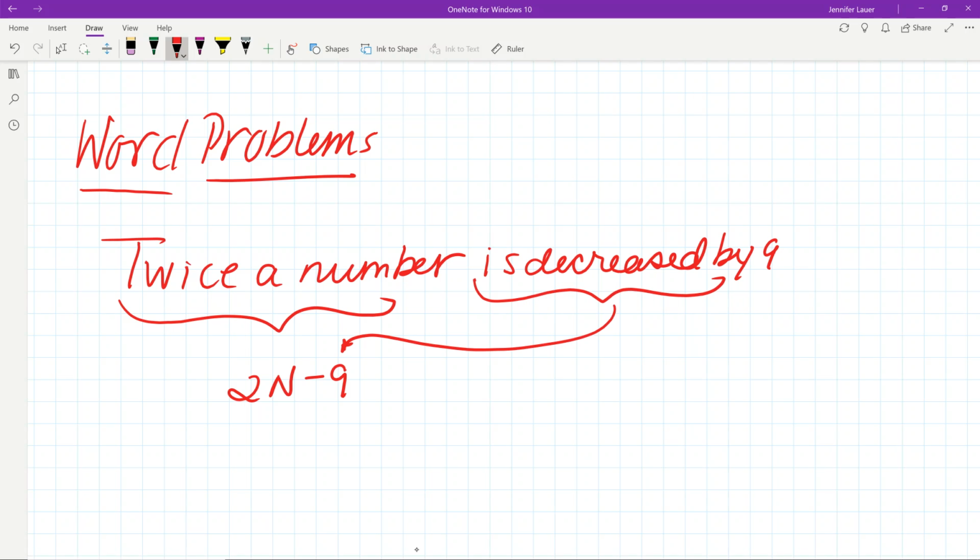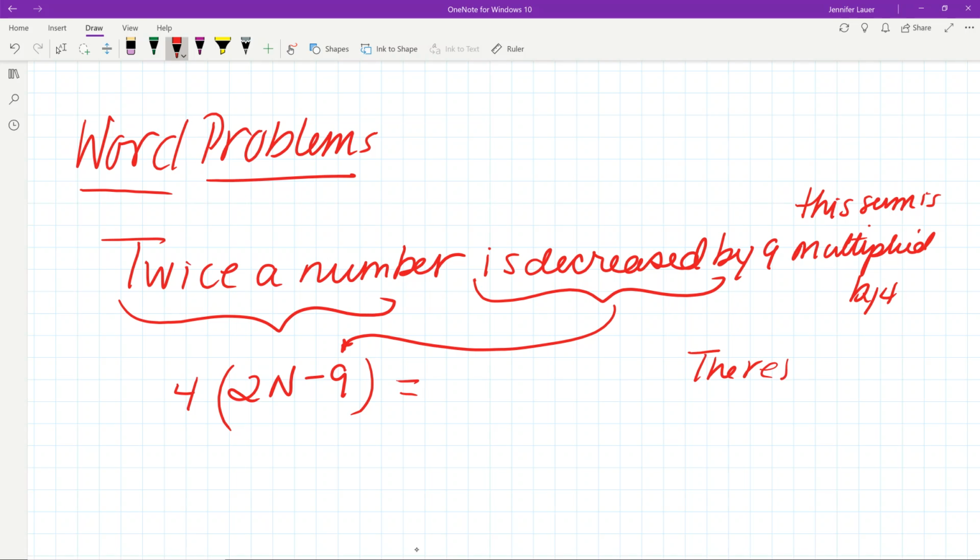It says, and this sum is multiplied by 4. Well, why do they call it a sum? It's actually a difference, but you could always say 2n plus negative 9. That makes it a sum, but regardless, it says this sum is multiplied by 4. Next part is the result.